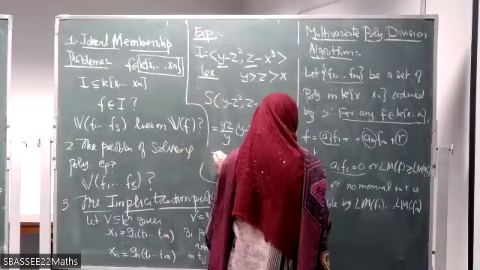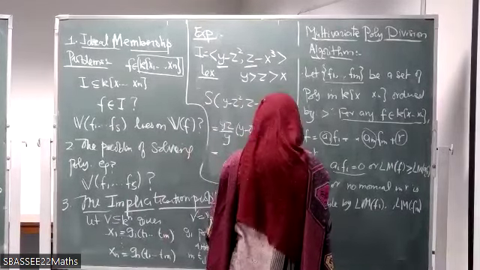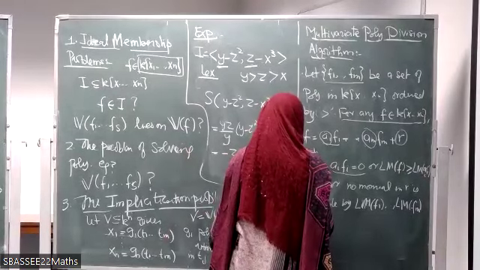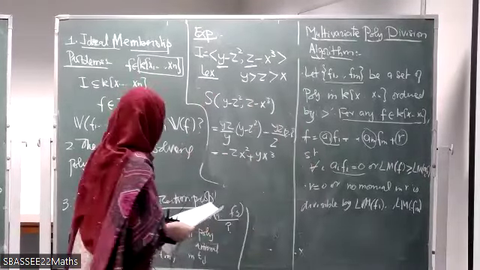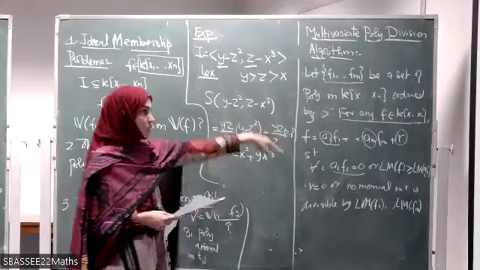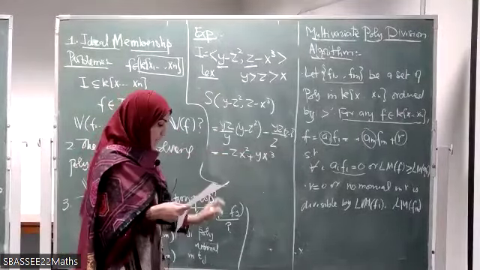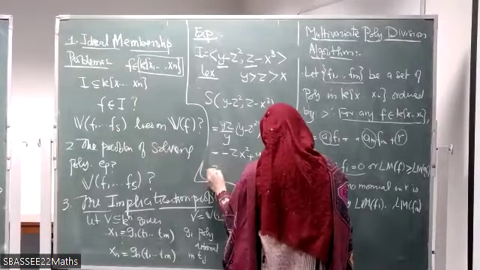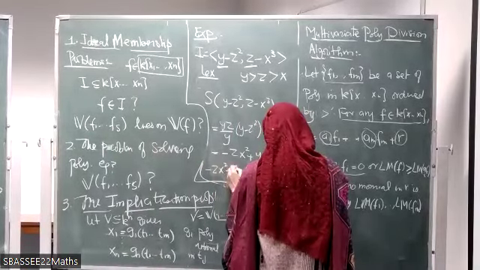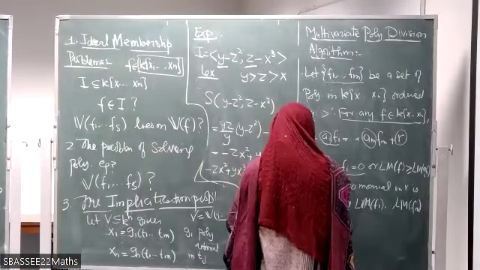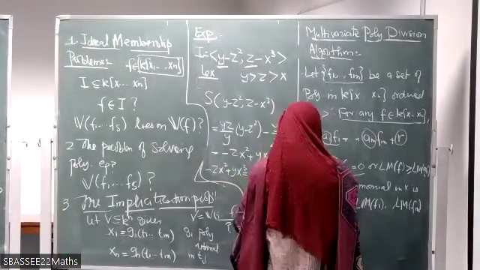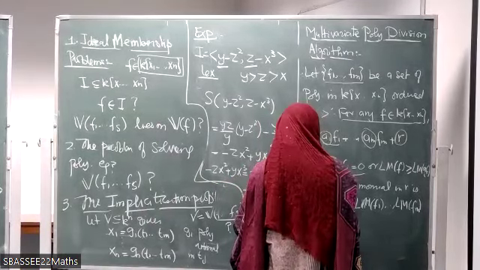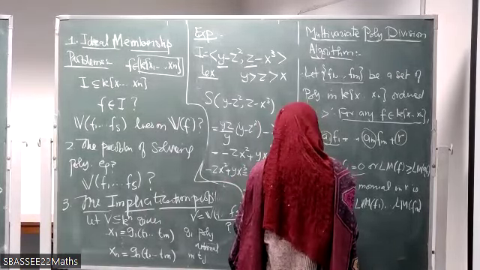And what you will get is this thing, minus x squared plus yx cubed. Okay, now you need to apply the division algorithm. And by the division algorithm, after the computation, you can see that this can be written in this way, x cubed times (y minus z squared) minus x squared z minus x cubed.